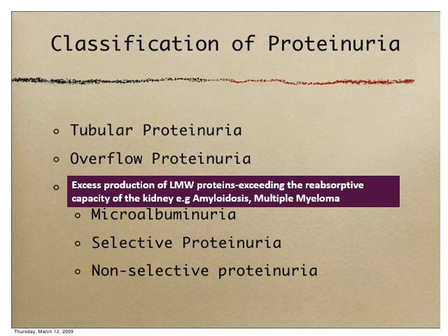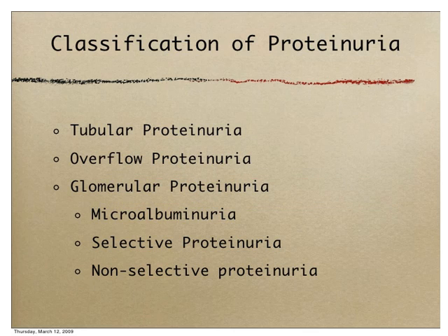By this, large quantities of protein escape in urine and cause heavy proteinuria, but these proteins also are not albumin in nature, but low molecular weight proteins like immunoglobulin light chain, and this condition happens in case of amyloidosis and multiple myeloma, and it is also negative by dipstick because there is no albumin. And glomerular proteinuria is the most significant one, which is either microalbuminuria, selective or non-selective proteinuria.